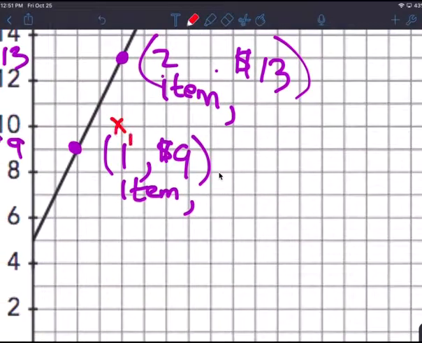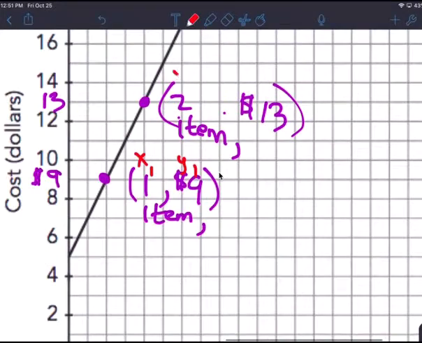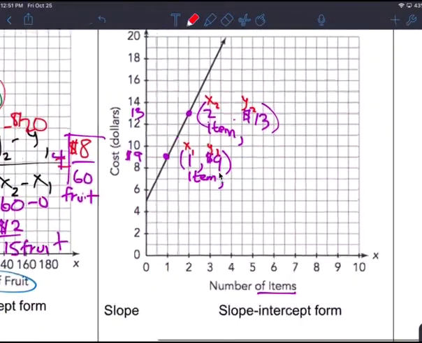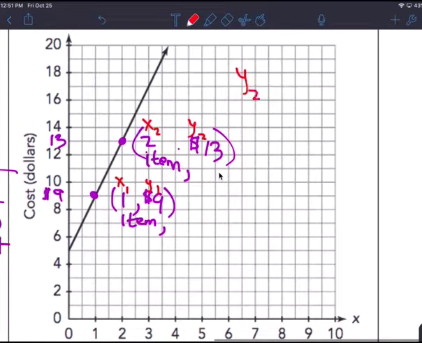X sub 1, y sub 1. X sub 2, y sub 2. Y sub 2 minus y sub 1, rate of change, over x sub 2 minus x sub 1.